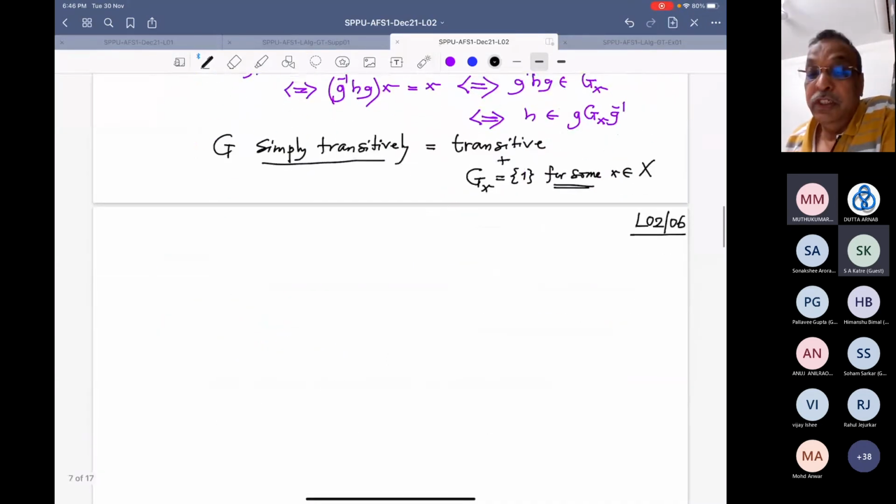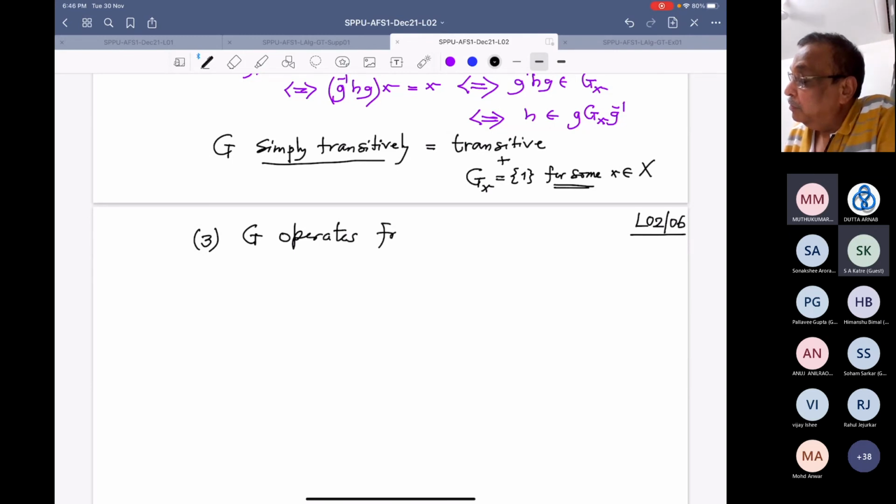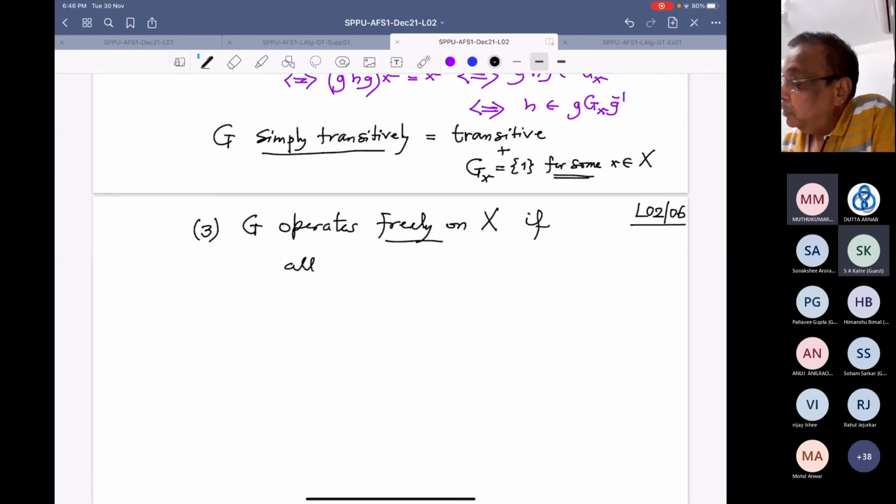All right, now third definition. There are 2 more definitions, or only 1 more. All right, so third definition. So G operates freely on X if all stabilizers Gx are trivial.